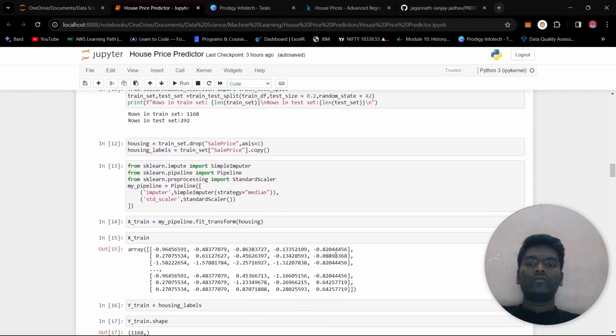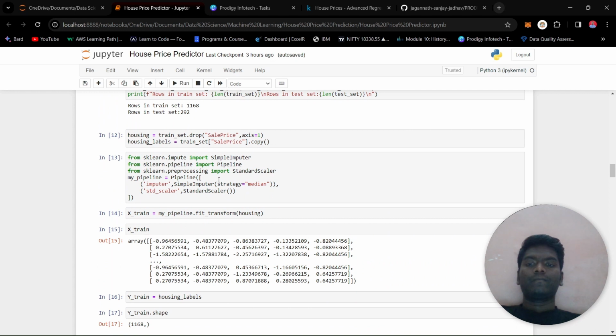There were none, so this process was not required. But still, I have kept it for my better understanding, that in case I have some null values, they can be replaced by the median. The strategy equal to median means all the null values are replaced by the median. We can replace it by the mean also. It's totally on our understanding about the data.